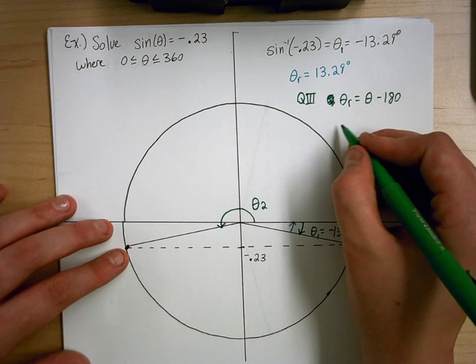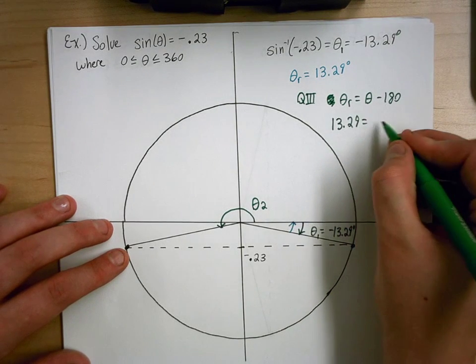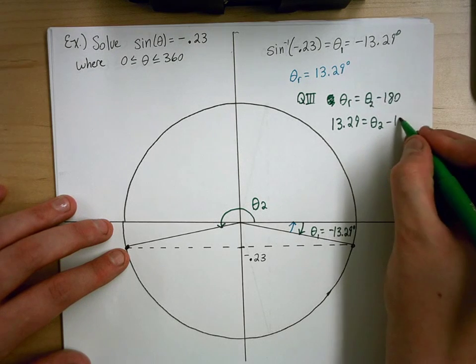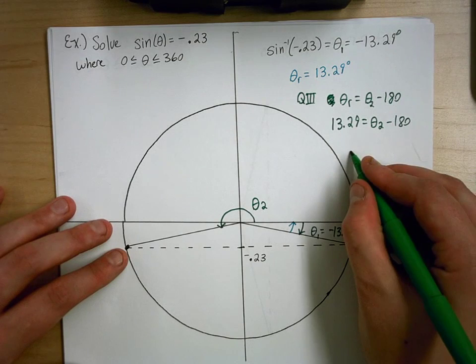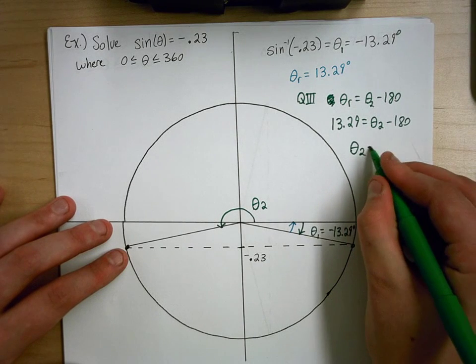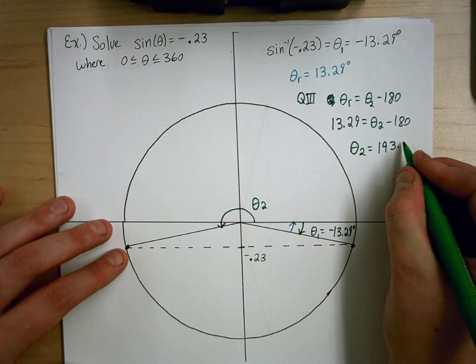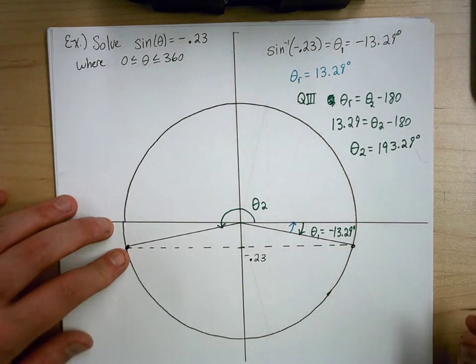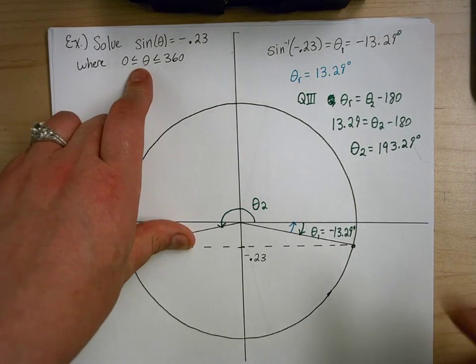Okay, and since we know our reference angle, that's going to be 13.29 equals theta 2 minus 180. Okay, then when we solve for theta 2, we get that theta 2 equals 193.29 degrees.